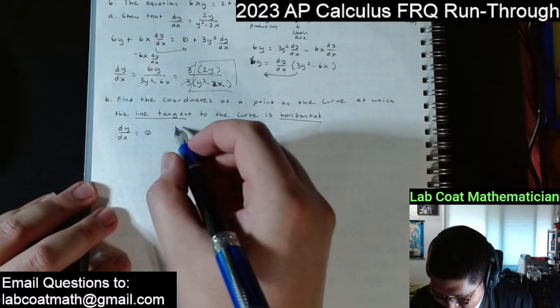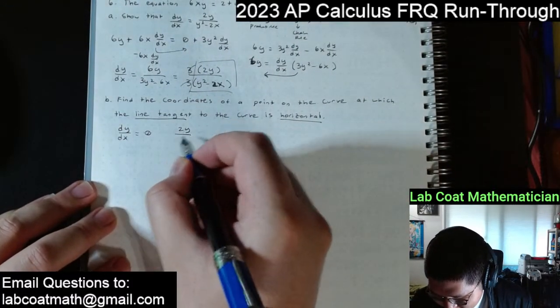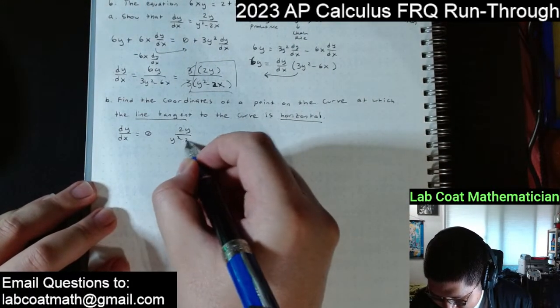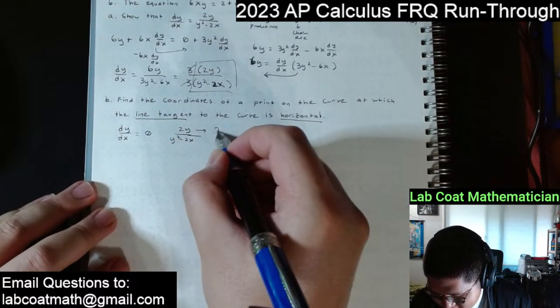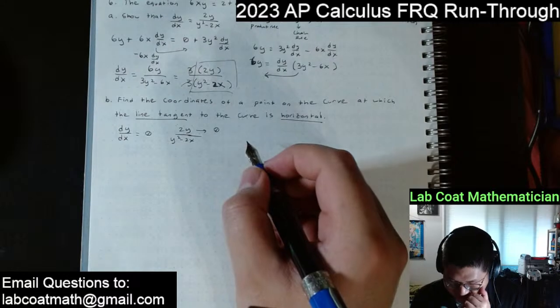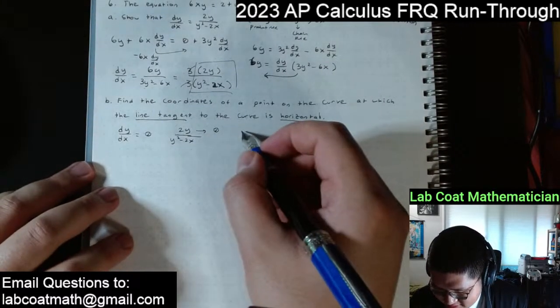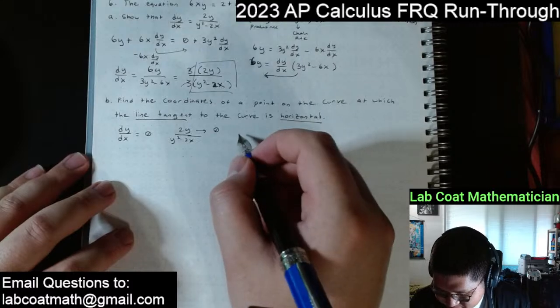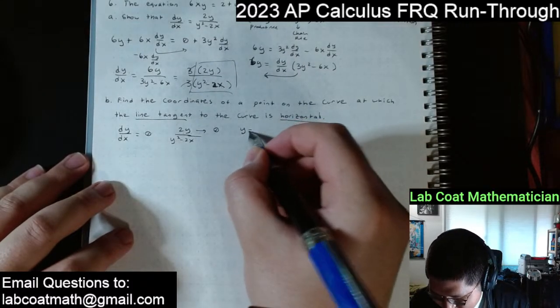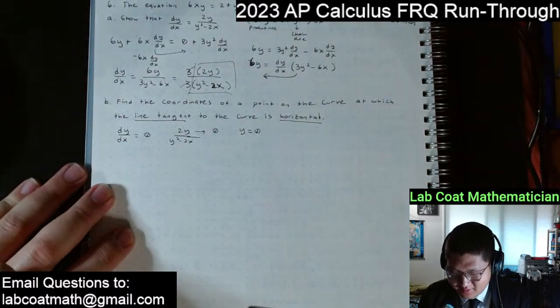Okay, because of that, if we look back at the equation here, 2y over y squared minus 2x, if that's going to be equal to 0, only the 2y must be equal to 0, meaning that y must be equal to 0.